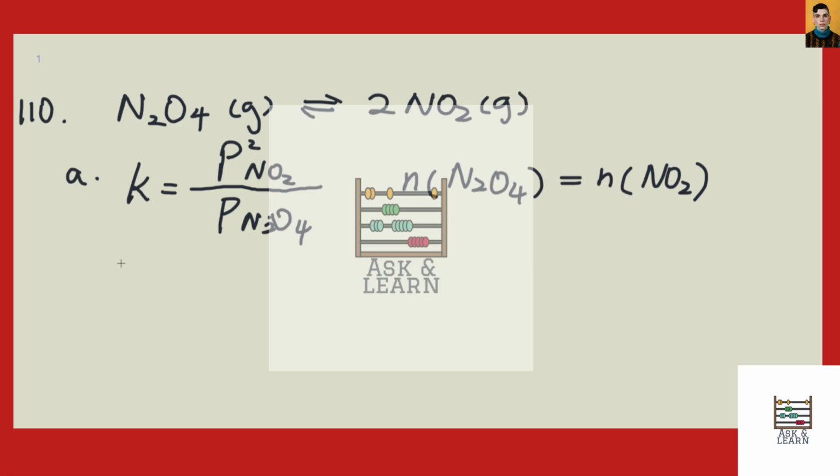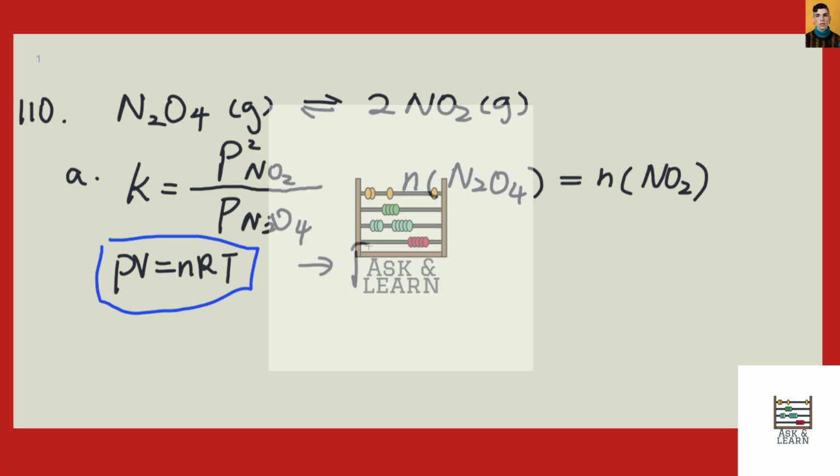For the ideal gas law, we know that PV equals nRT. From this equation, the pressure will be equal to nRT divided by V. So in an equilibrium mixture, RT divided by V will be the same for the molecules, because R is a constant, the temperature is the same, and they're in the same volume.